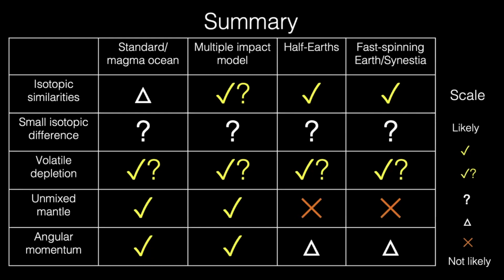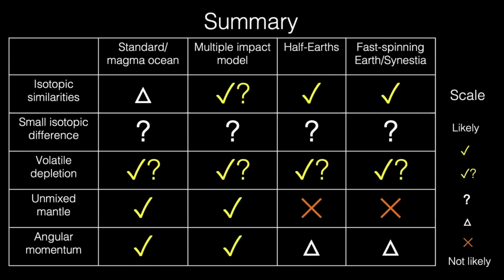And this model doesn't require removal of the angular momentum. For the multiple impact model, this requires a collection of specific impacts, so that could be a bit of a challenge. But each impact is not very energetic, so the mantle remains unmixed, and also angular momentum is probably okay.